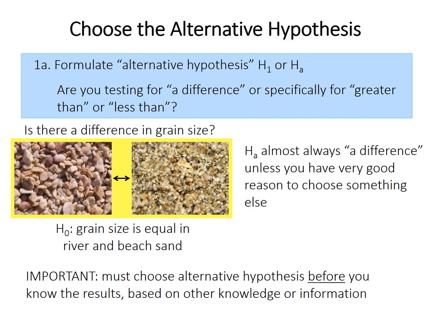From the photo, it's fairly clear that's the case, but your alternative hypothesis must be based on prior expectation, independent of the data. You have to choose it without even knowing what your data is, basically. So if you have any doubt at all, just use a difference as your alternative hypothesis, and it is the default in all the tests interpreted in R. Your alternative hypothesis will pretty much always be that there is some difference. You don't know which direction or how big, but that's what you're testing for.